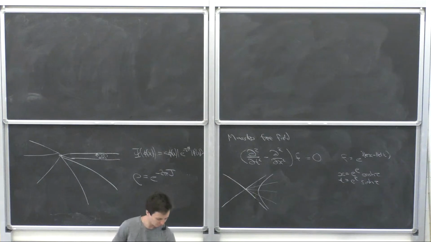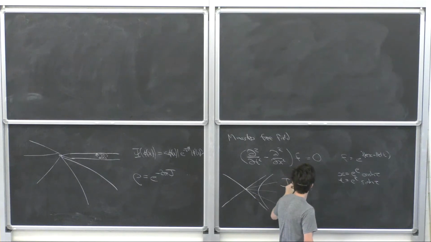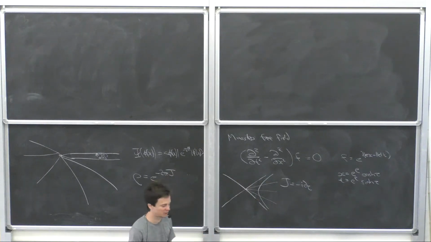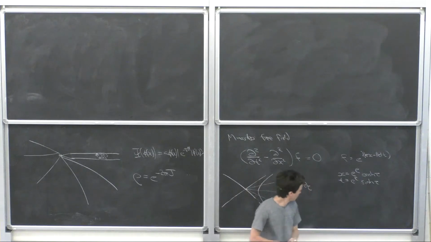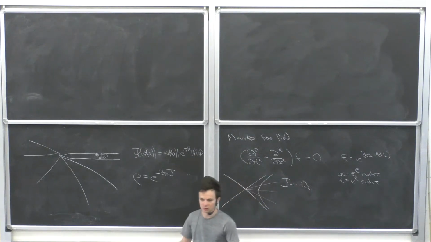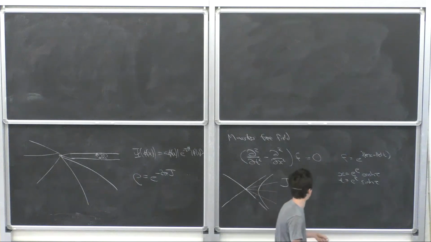So in terms of these coordinates, j is just equal to minus i d tau, in exactly the same way that h is equal to minus i dt, it just generates shifts of tau. And so if we can write the Klein-Gordon equation in terms of rho and tau, then we'll be able to identify modes of constant tau, of constant j.